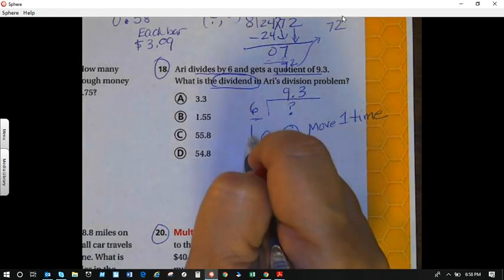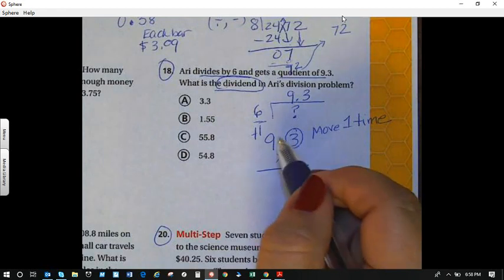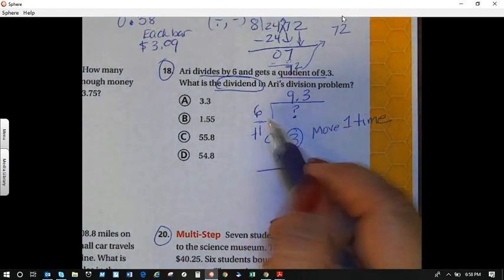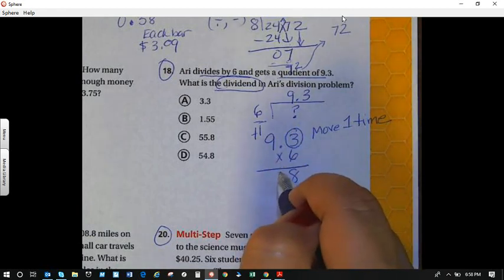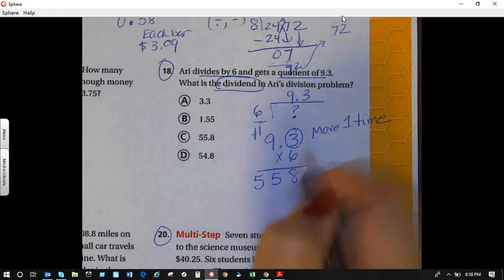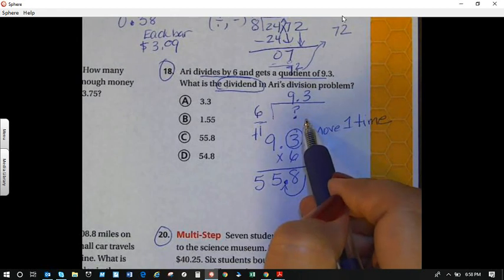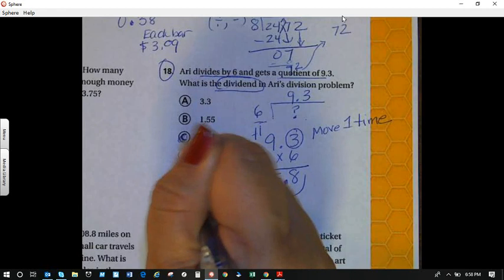Regroup and carry my 1. 6 times 9 is 54. Plus 1 is 55. I'm moving my decimal over one time. So in here, your dividend was 55 and 8/10.